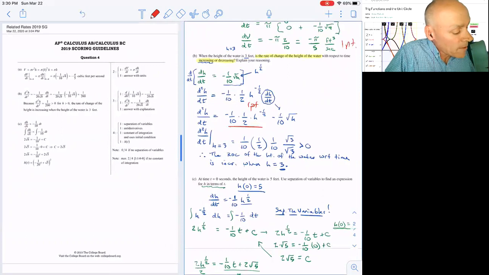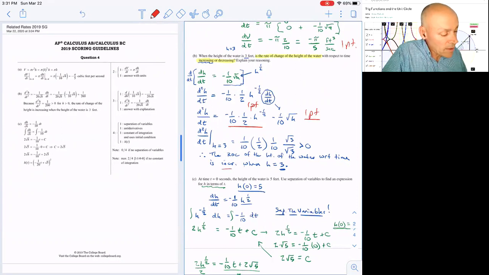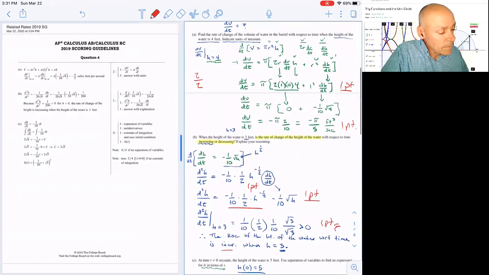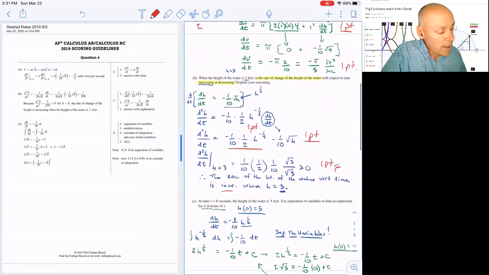The second point is where we remember to substitute in for dh/dt, so we have this times that. So this is the second point right there. And then the third point is the answer with the explanation: the rate of change of the height is increasing when the height of the water is 3 feet. And that's what we've said, that it's increasing. So we got 1 point for that, so we are 3 for 3 on part B.